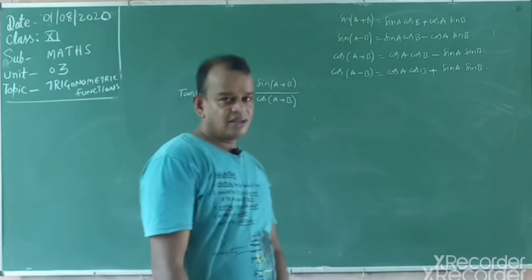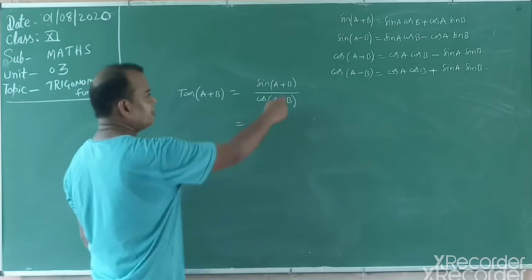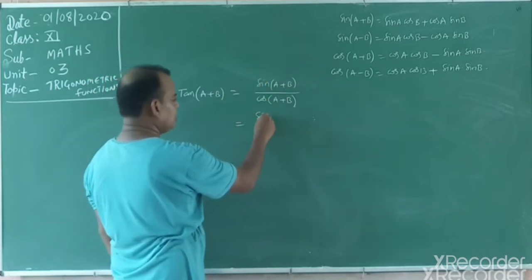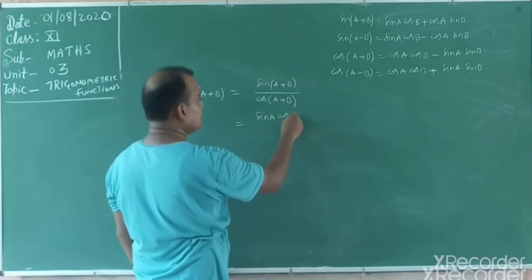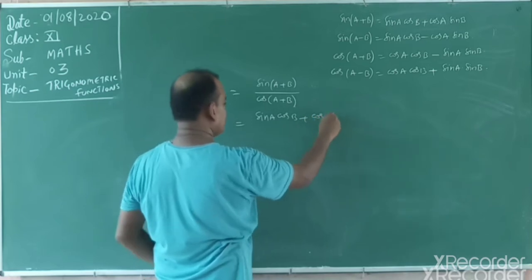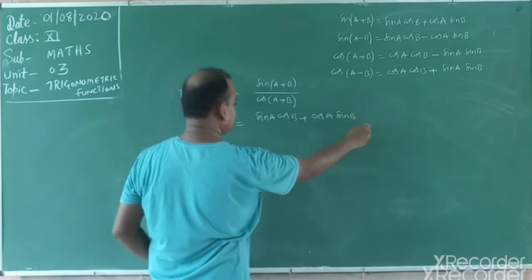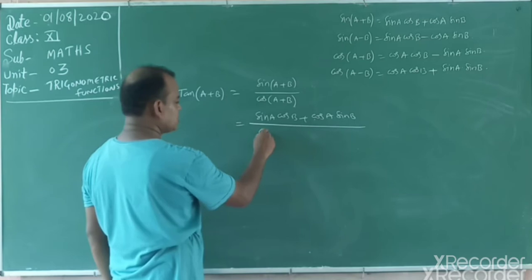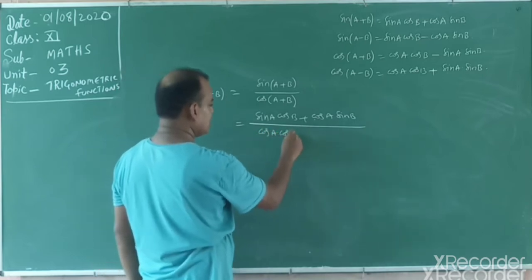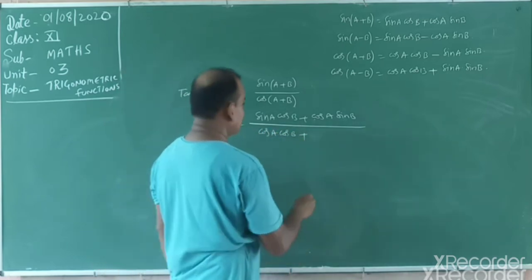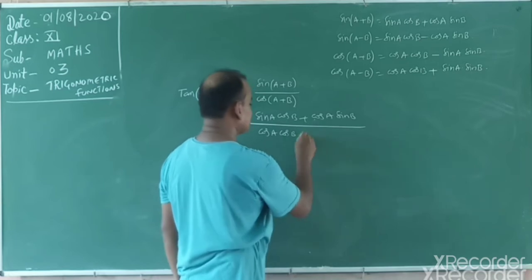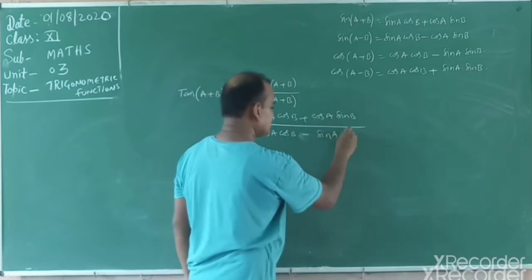Yes. Sin of A plus B formula, you know very well: sin A cos B plus cos A sin B, by cos of A plus B formula: cos A cos B minus sin A sin B.